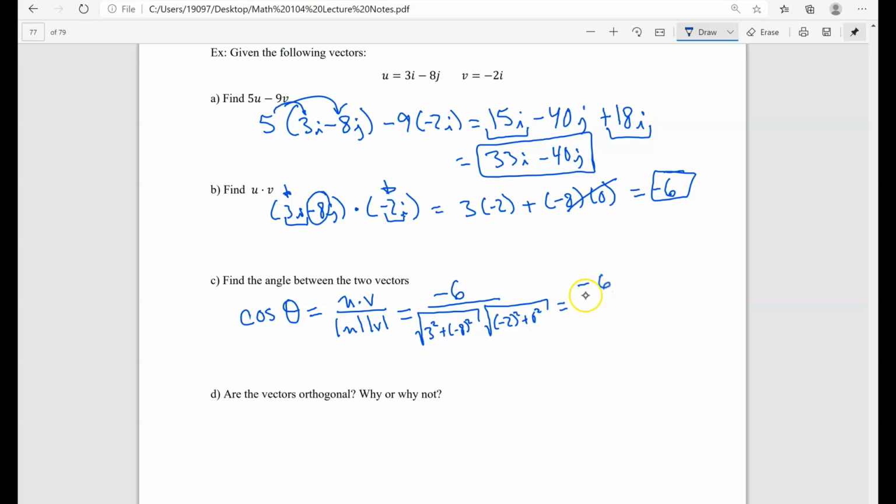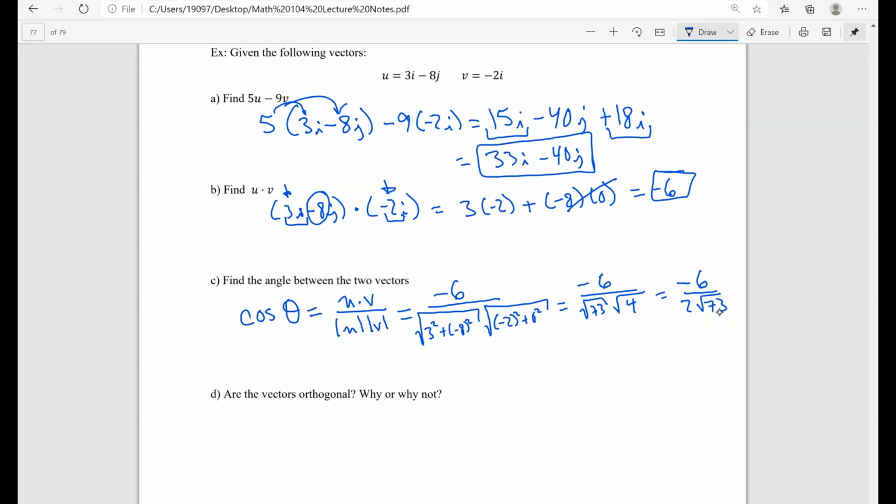So you're going to have negative 6 divided by, 64 plus 9, that's going to give me the square root of 73. And then the other one's just going to be the square root of 4. So it's going to be negative 6 over 2 square root of 73.